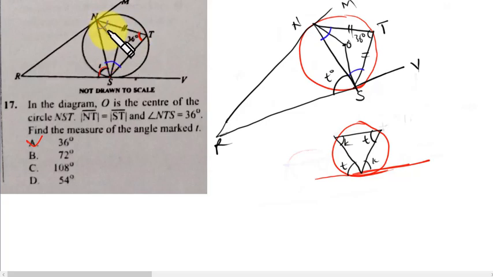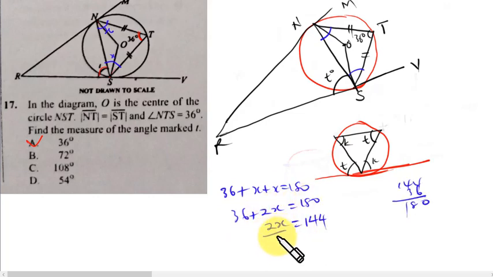So if here is say X, then here too is X. So we can sum the angles in triangle T and S. So we have something like 36 degrees plus 2X equals 180. This will be a very long way, but I just want to prove to you what I just said. So you divide both sides by 2, then you have X to be 72.